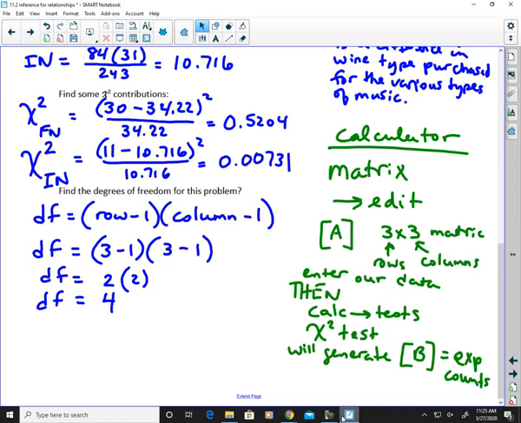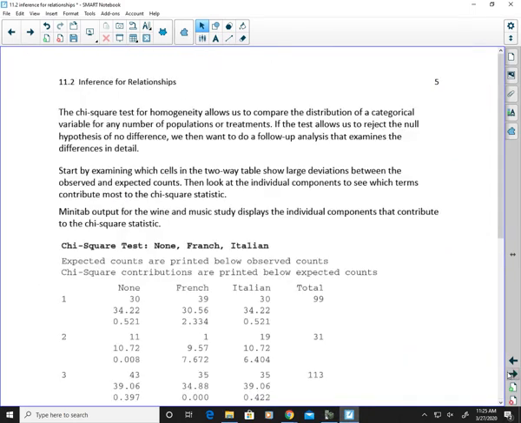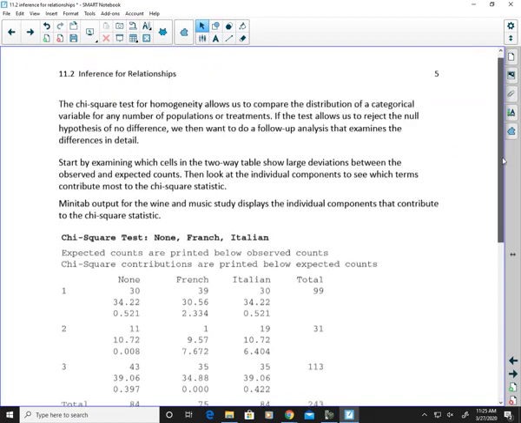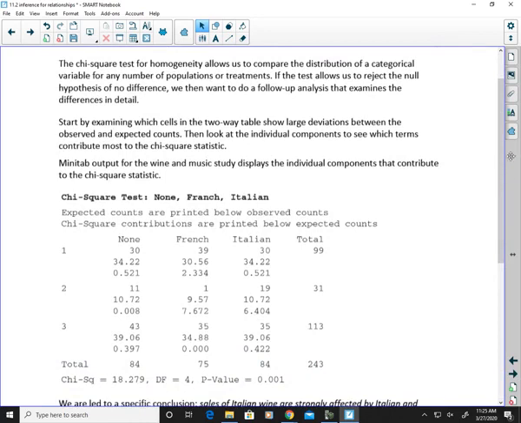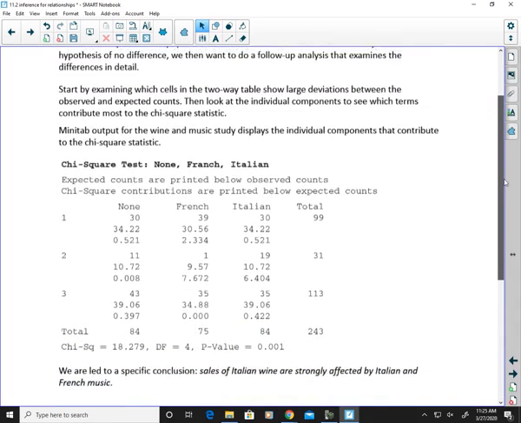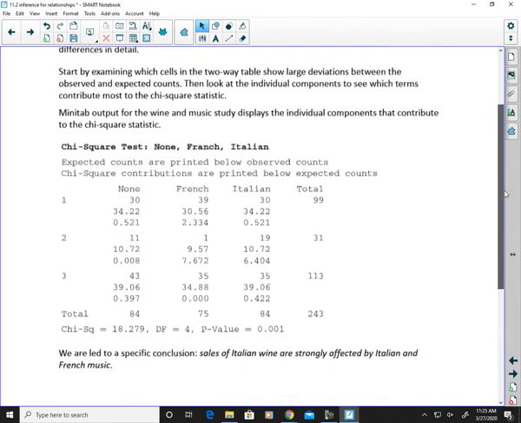And the next page shows what Minitab output would look like for this exact same situation. This would happen frequently. They're going to give you the Minitab output for the chi-squared analysis.